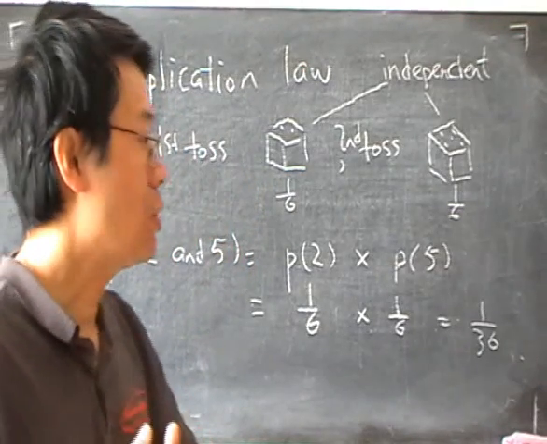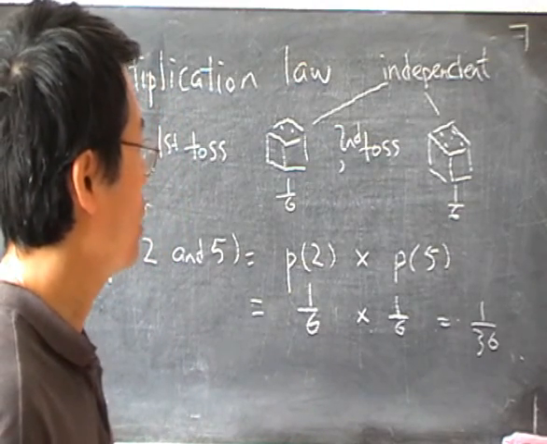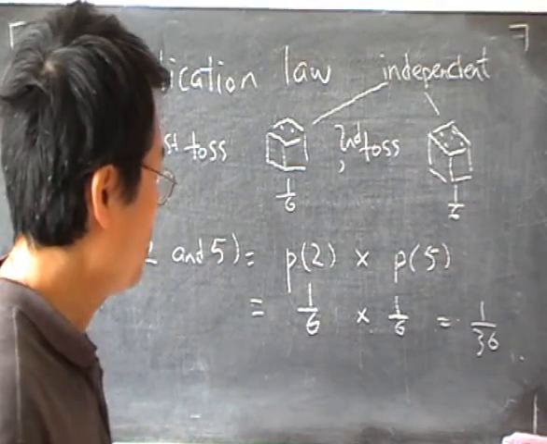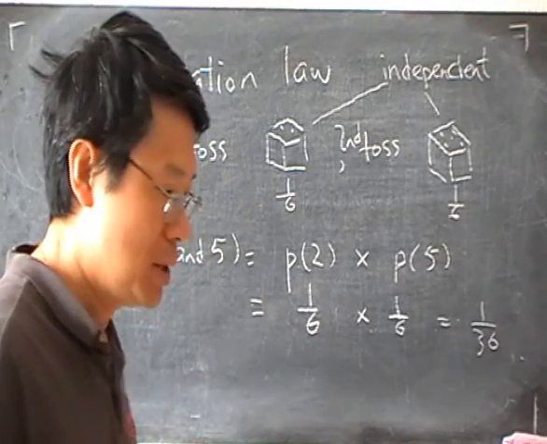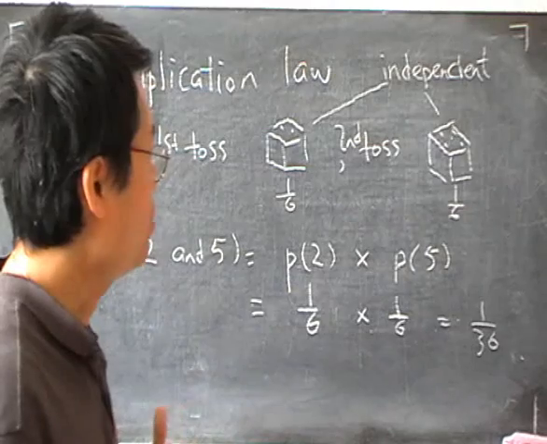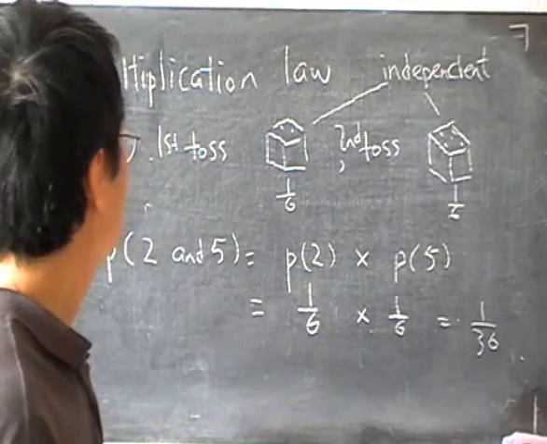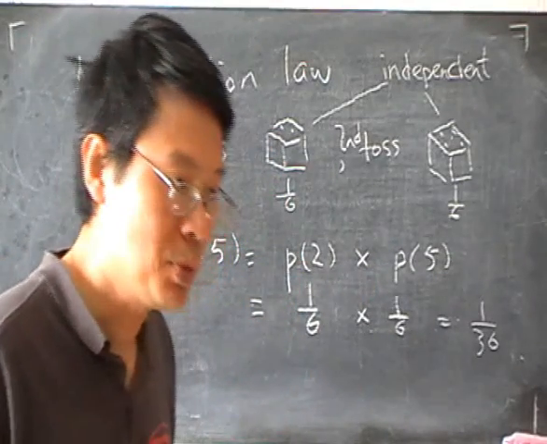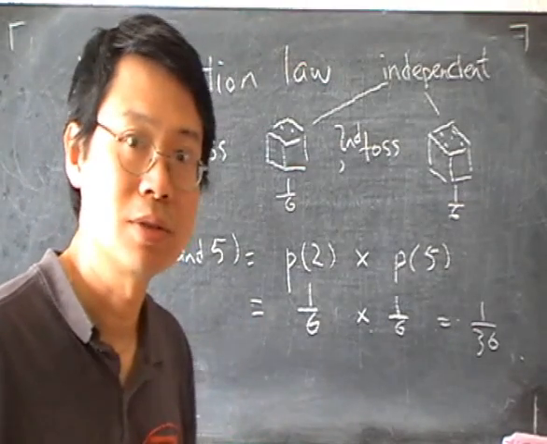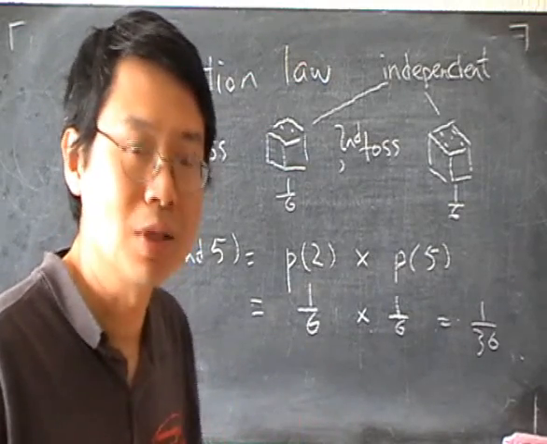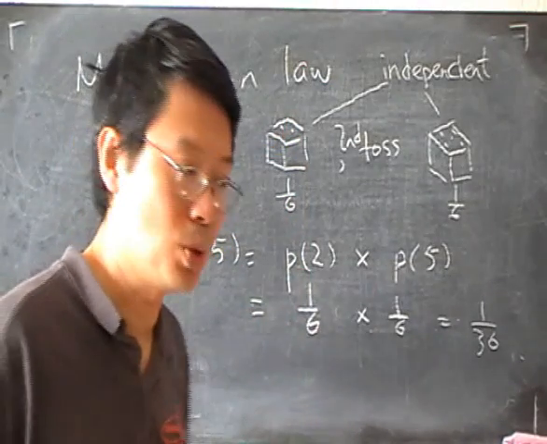Now, what is an example of two events that are not independent? An example might be, you can still look at the die. For example, if you have a die which is made of very brittle or very soft material, then after tossing the die for the first time, the die crumples a little bit. One of the corners gets chipped off after you toss it once on a hard table.